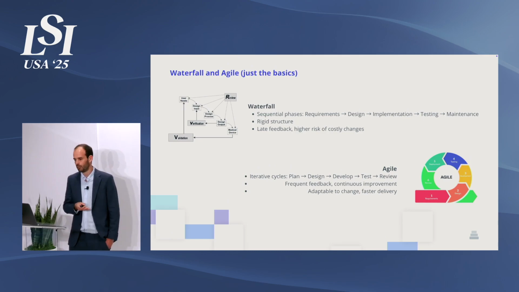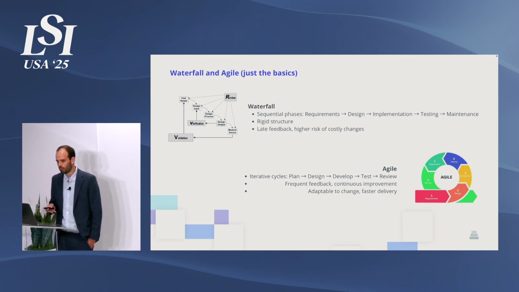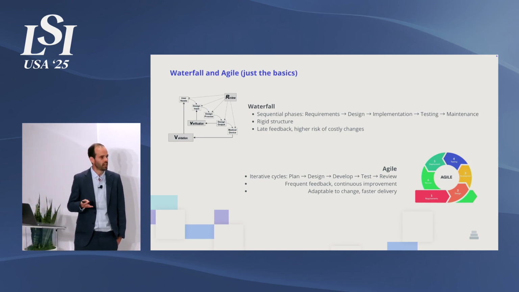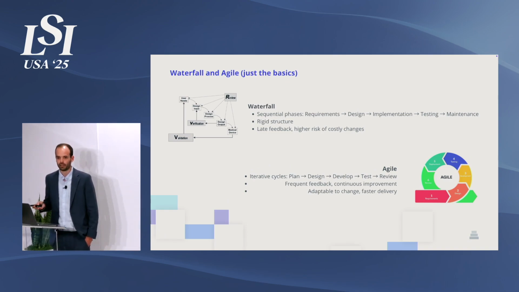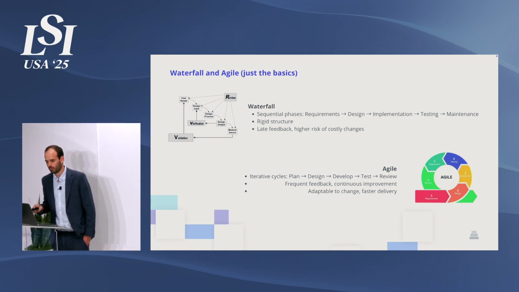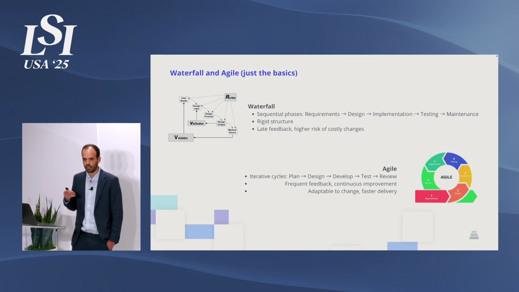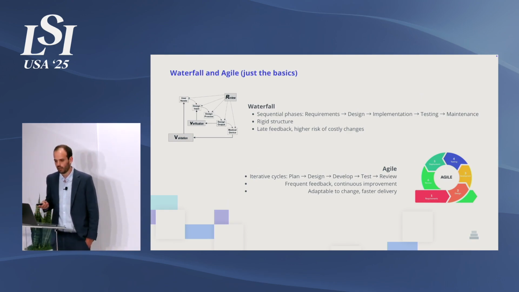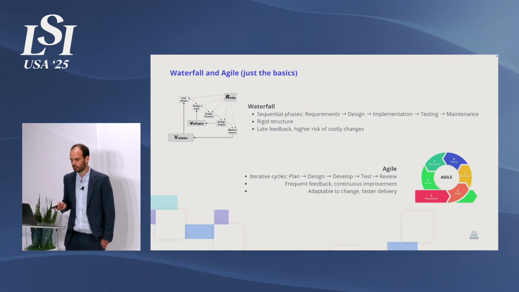For instance, applied to medical device software, it might be requirements gathering, then designing the solution. And in pure waterfall, you would define all the aspects of the solution without writing one line of code. Then you go to implementation, testing, and then maintenance, and repeat this cycle with subsequent releases.